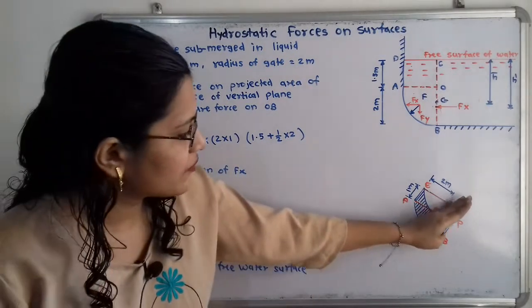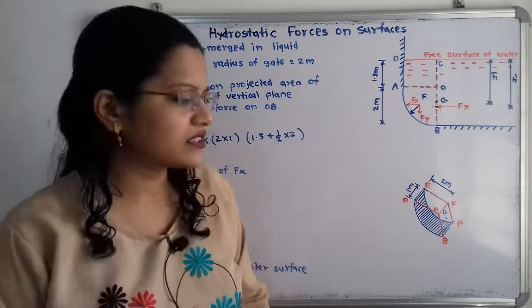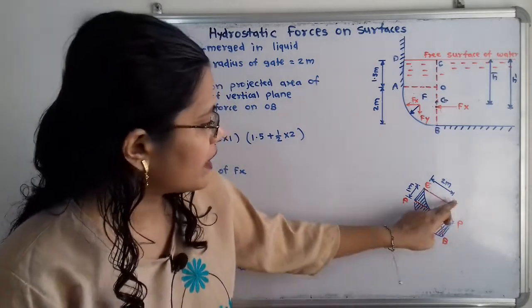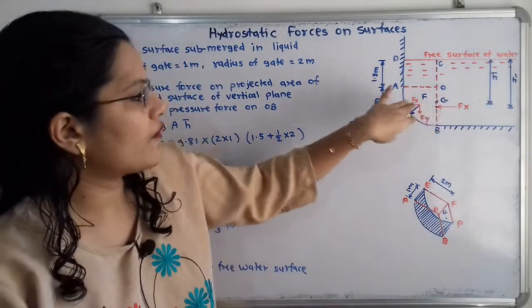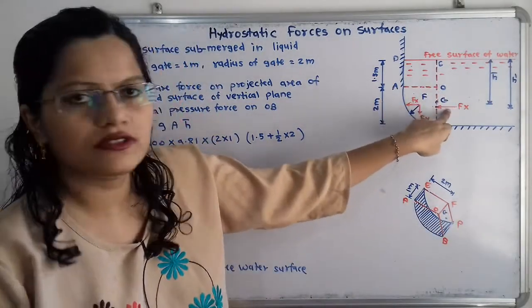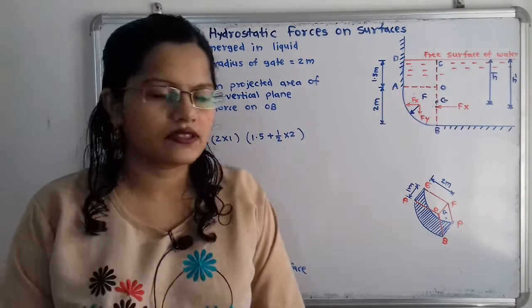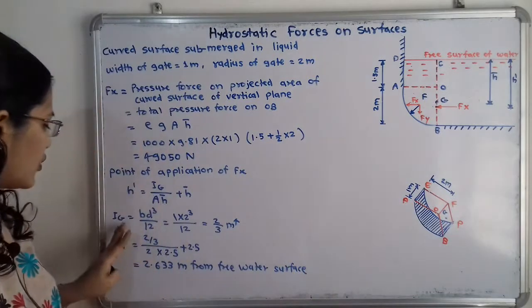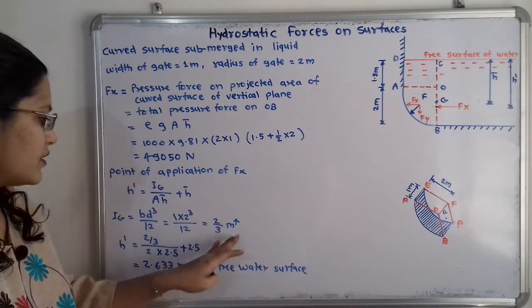So this is the surface we have to consider. This is the imaginary surface OBPF that we have created, because we have to find the horizontal component of this force F, that is Fx. So Ig is equal to 2 by 3 meter raised to 4.